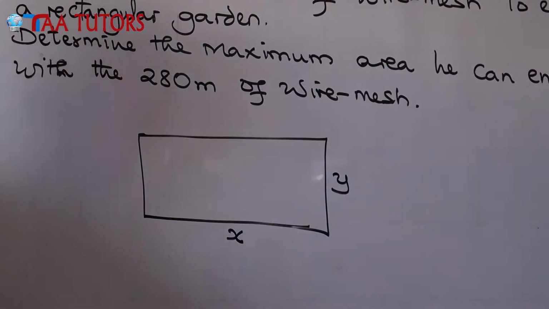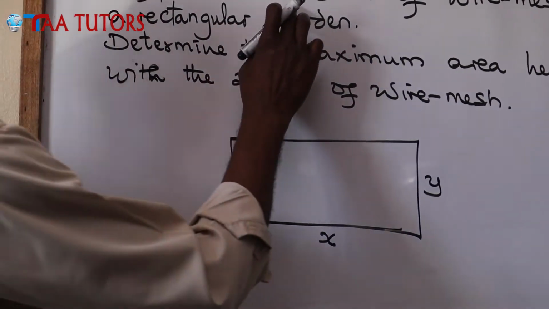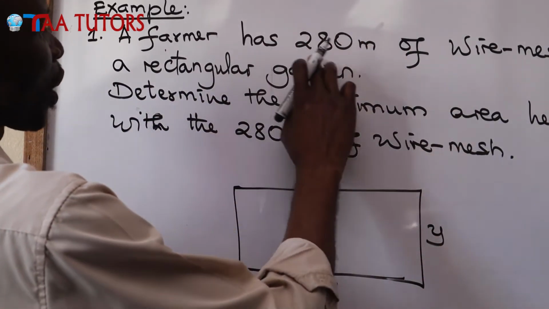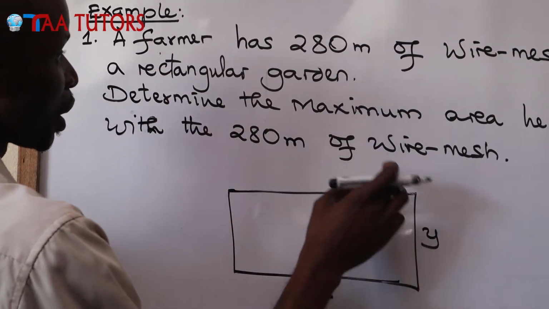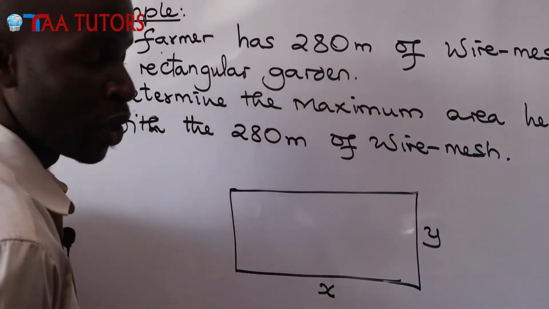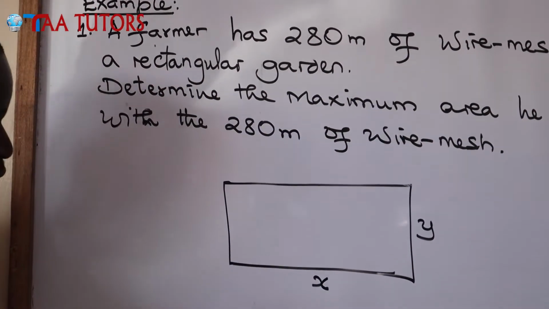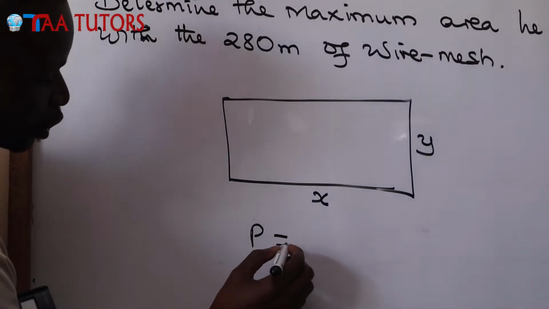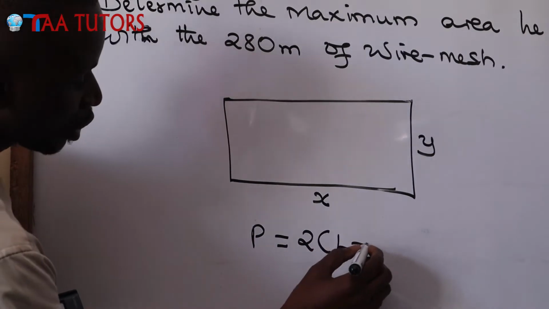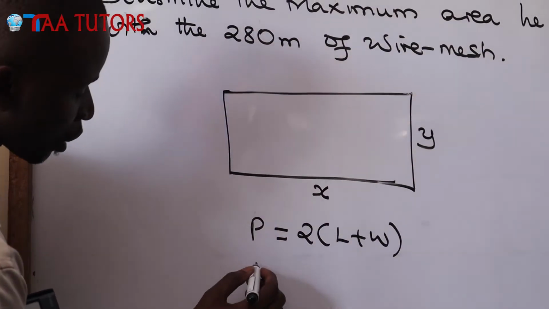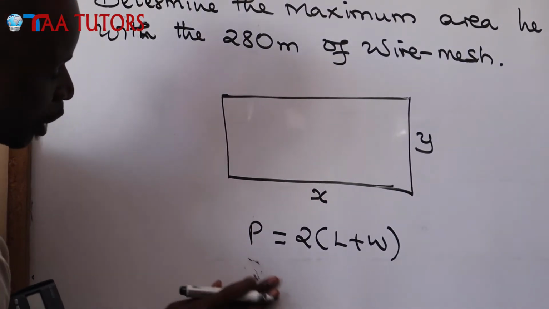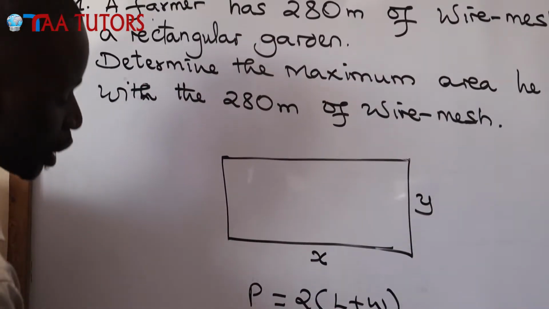From perimeter, we know that this 280 meters worth of wire mesh is what is going to cover this distance. In other words, this is our perimeter. We know perimeter equals 2 into length plus width. In this case, our length is x, and our perimeter, let me substitute, is 280.